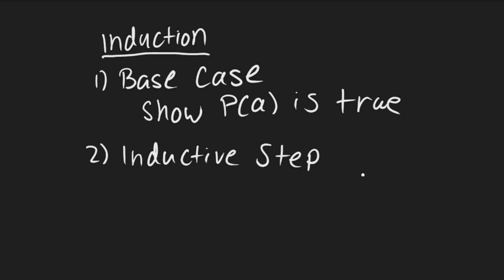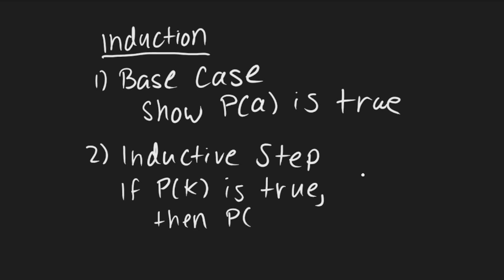And basically, for the inductive step, we have an arbitrary value like k, and we're assuming and supposing that p of k, or that statement's kth value, is true. We're supposing that it's true, and if it is true, so if p of k is true, then that next value is also going to be true.